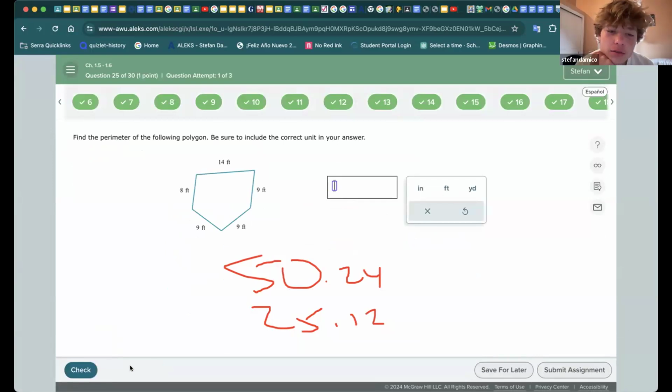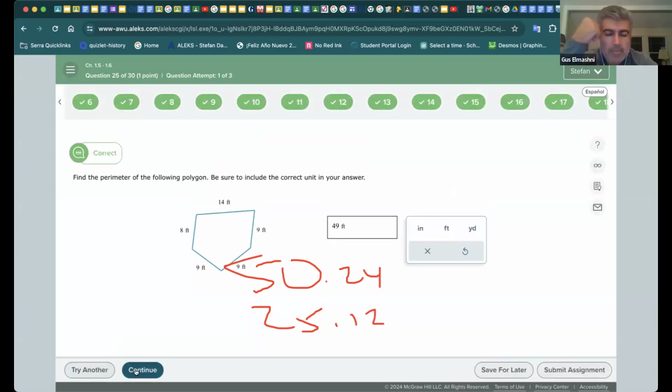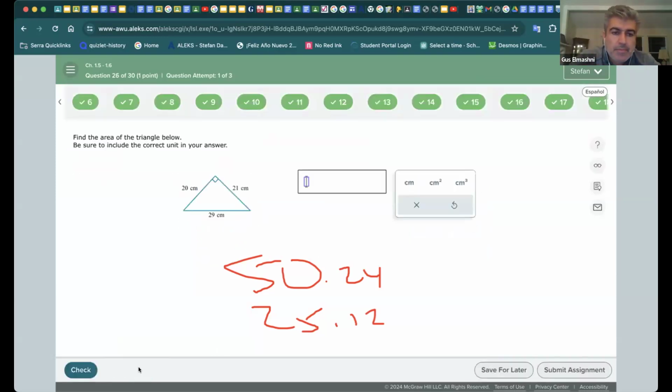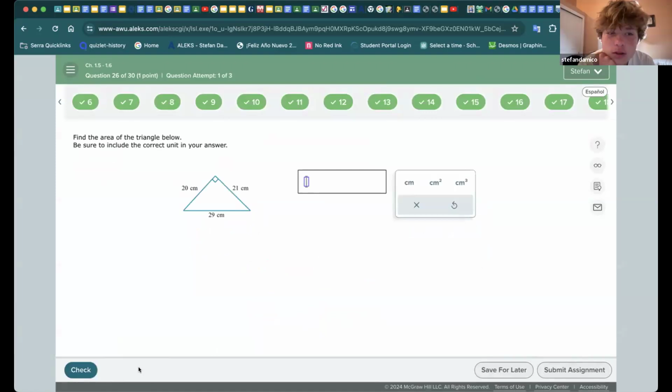Oh, you should add everything up. 18, 27, 49. Pretty easy. Just the base times width.